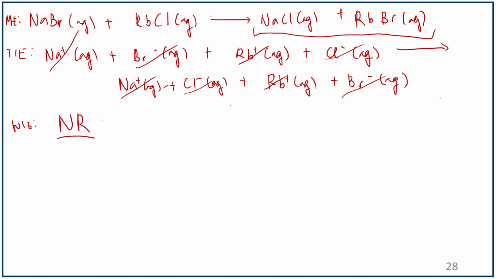Okay, and then let's go on with another problem, letter E, for the molecular equation. We're asked to write copper 2 chloride. Copper 2 chloride is soluble in water, and it's reacting with sodium hydroxide, which is also soluble in water.